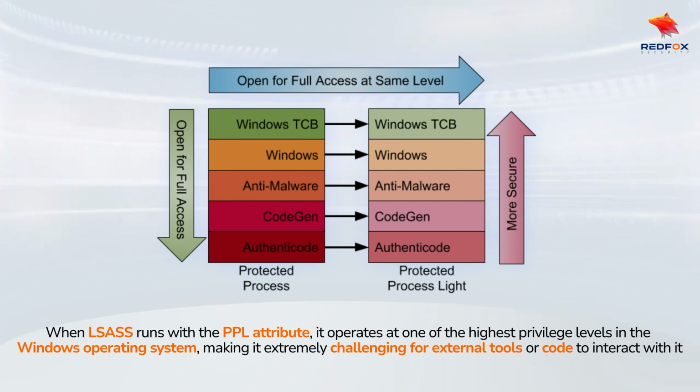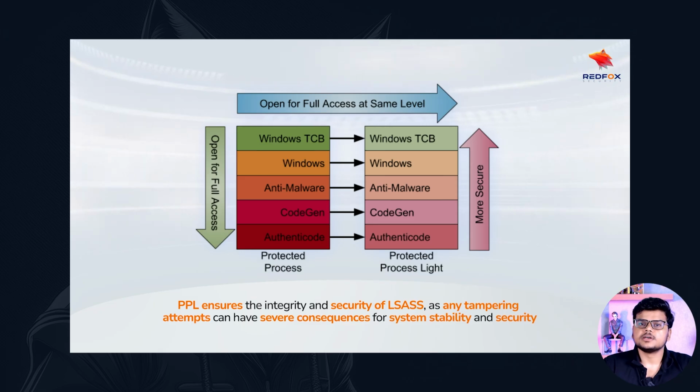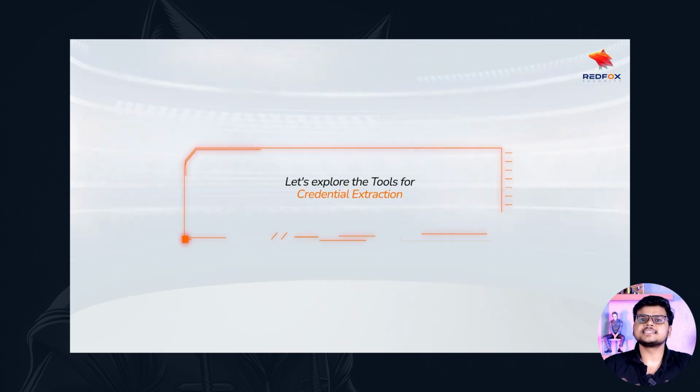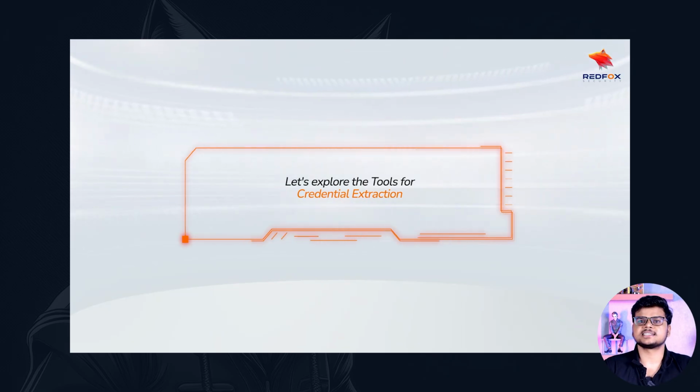When LSASS runs with the PPL attribute, it operates at one of the highest privilege levels in the Windows operating system, making it extremely challenging for external tools or code to interact with it. PPL ensures the integrity and security of LSASS, as any tampering attempts can have severe consequences for system stability and security. Let's explore the tools for credential extraction.